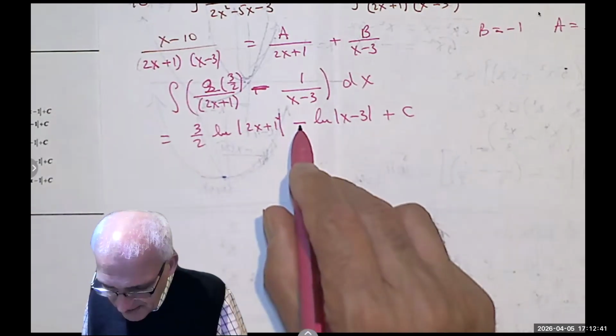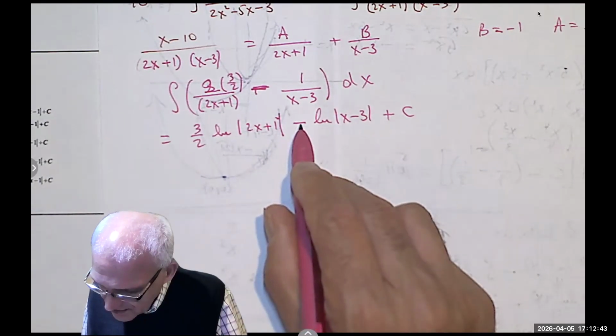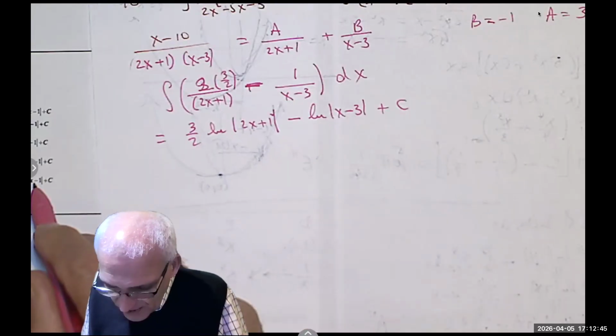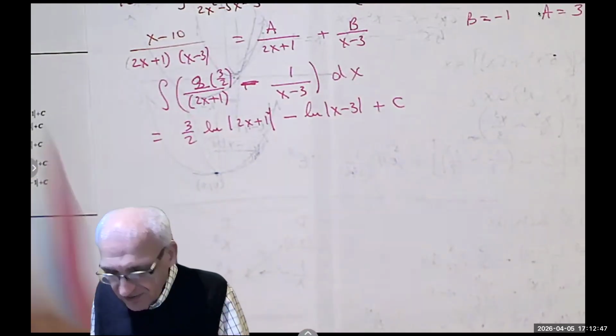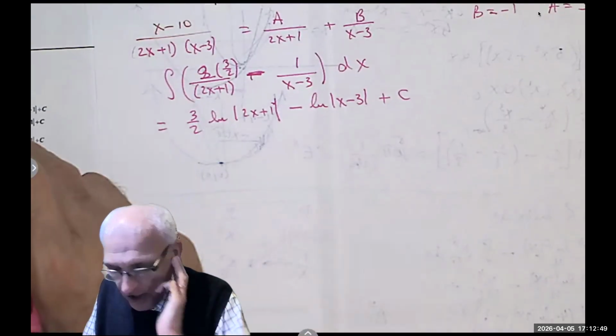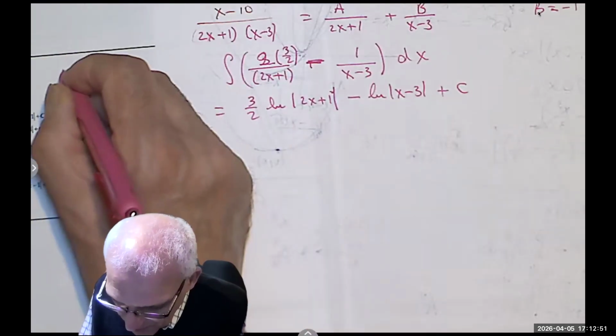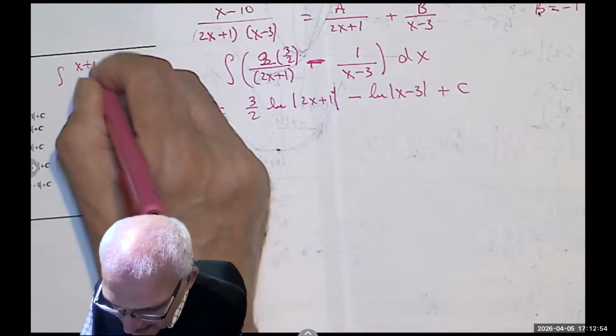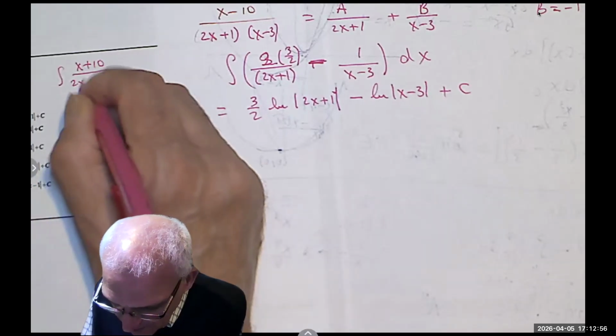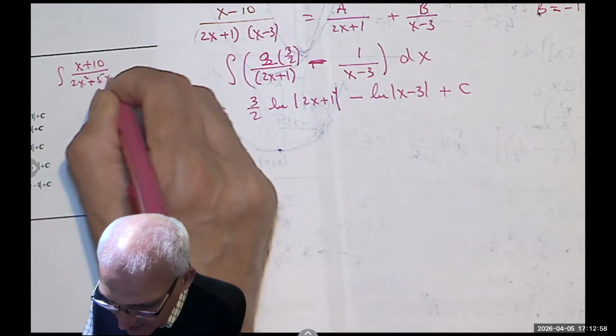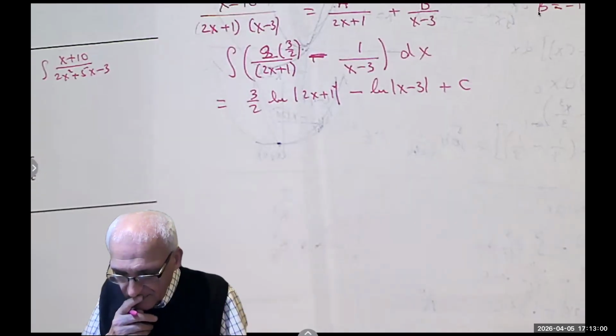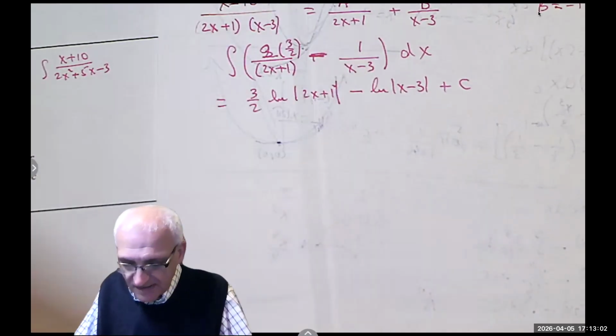That should be minus this. Oh, it's 2x plus 1 and x minus 3, not the other way around. So I think, oh, maybe the problem was x plus 10 over 2x squared plus 5x minus 3. Oh my God, this is completely wrong.